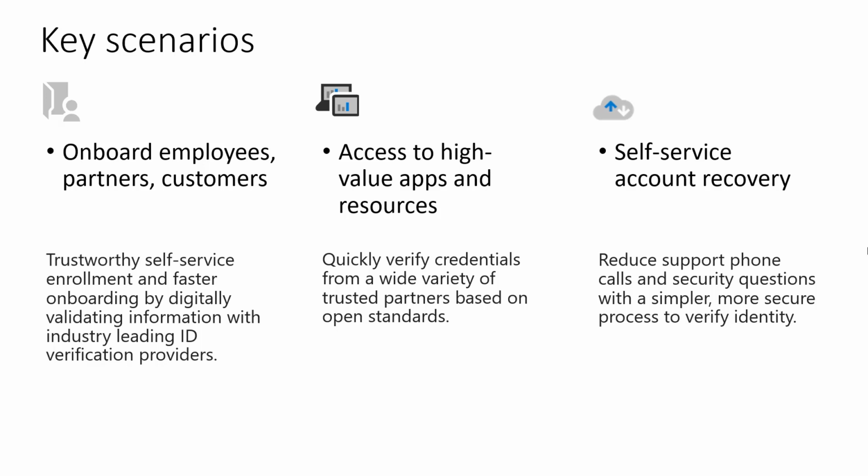So let's say that I have a company and I work with a third-party agency, which is responsible for external workers and employment. Before those workers can access company resources, places, wherever, they have to be verified.